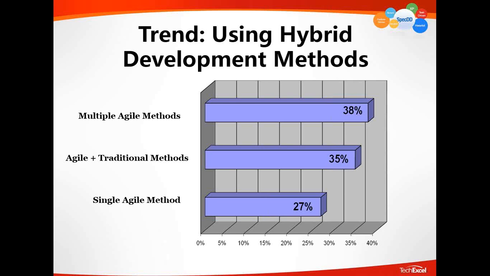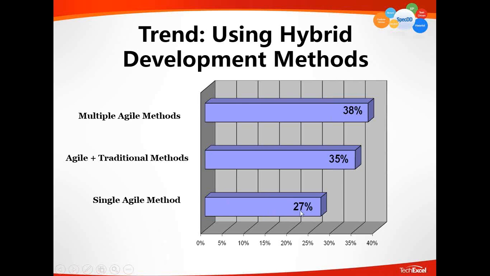But then this slide shows you something interesting, because those teams who are using Agile often practice it with a hybrid approach, meaning 38% of the Agile teams are mixing multiple Agile methods, and 35% are mixing Agile methods with traditional methods.